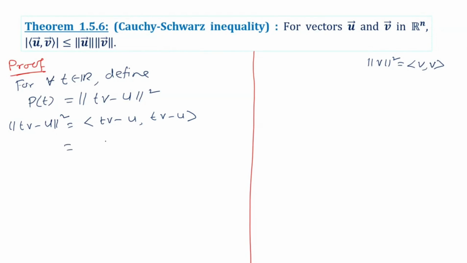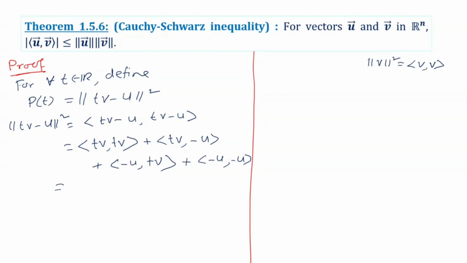Now we apply the distributive property of the inner product. This is ⟨tV, tV⟩ plus ⟨tV, −U⟩ plus ⟨−U, tV⟩ plus ⟨−U, −U⟩. Here t is a scalar, so we can take out t.